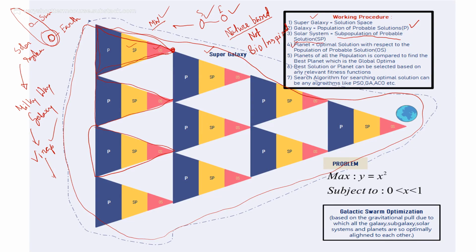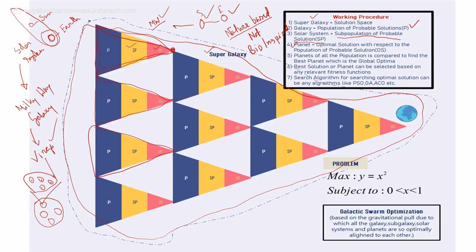As I said, first is the solution space, then comes your population of probable solutions, then if I enlarge this part, then comes the subpopulation of probable solutions, and within that there will be some most optimal solutions. Correct? The most optimal solution can be found from the subpopulation.